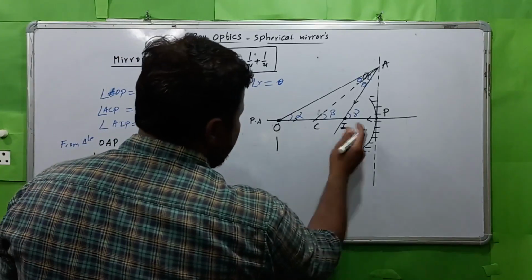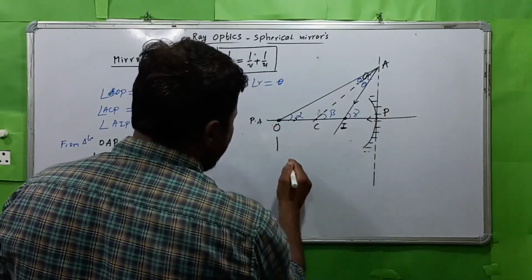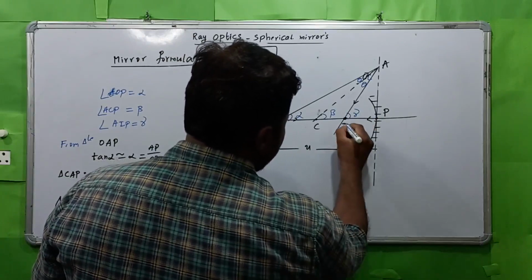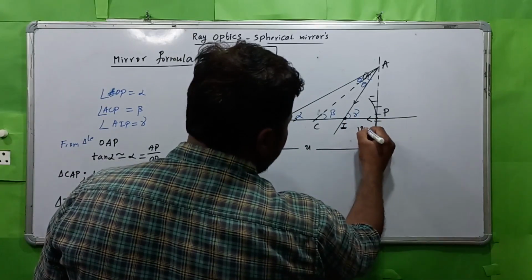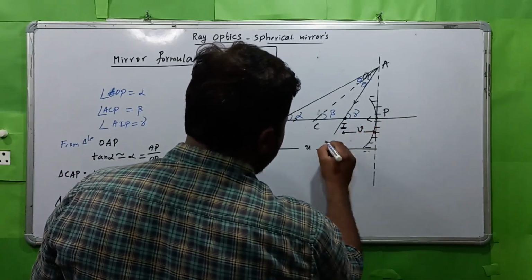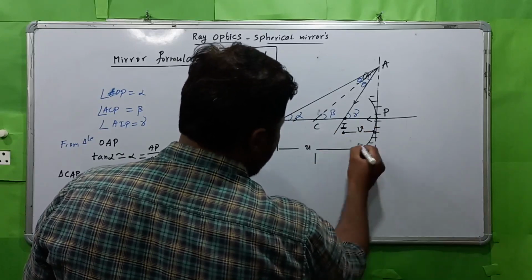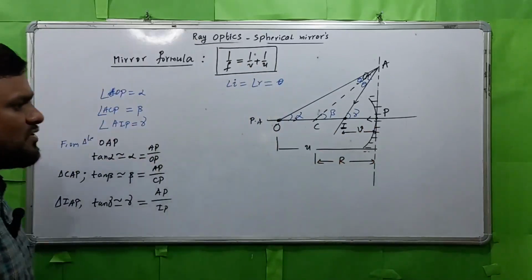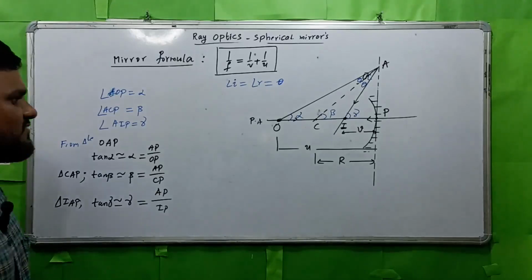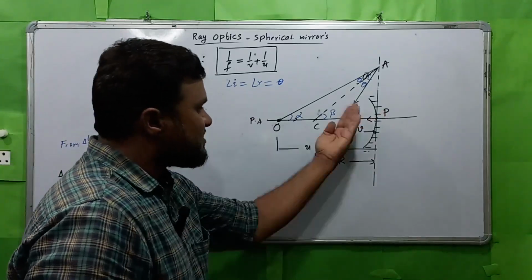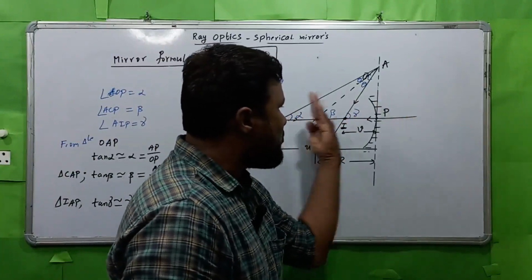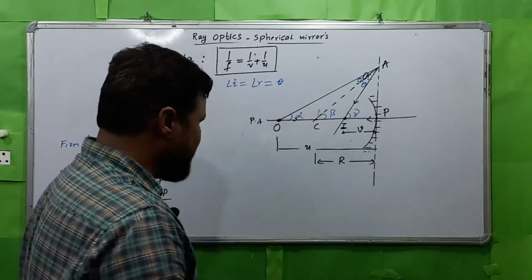We know the distance from the pole to the object is denoted by the letter u, I to P is the image distance v, C to P is the radius of curvature R. If you observe the sign convention, all are on the left side. In the direction of ray propagation, all are taken as positive, opposite to this all are taken as negative.